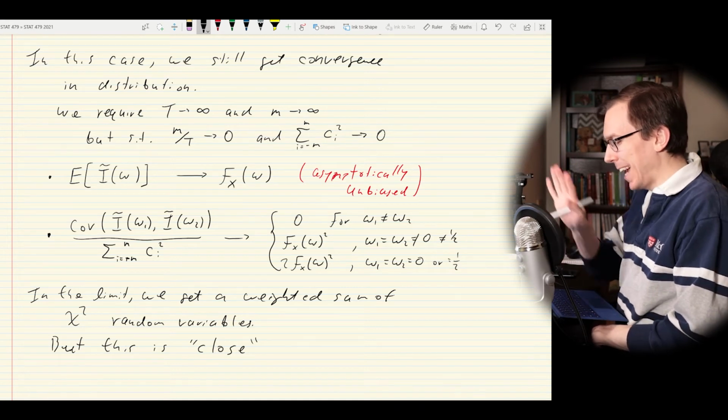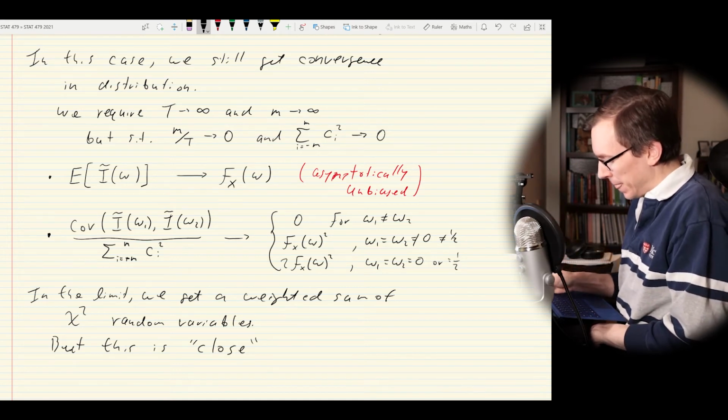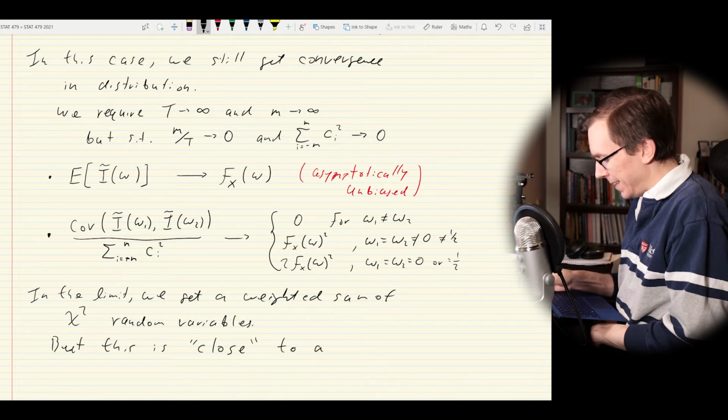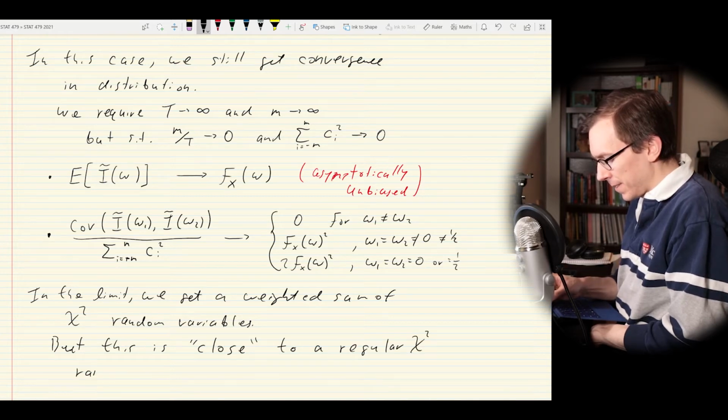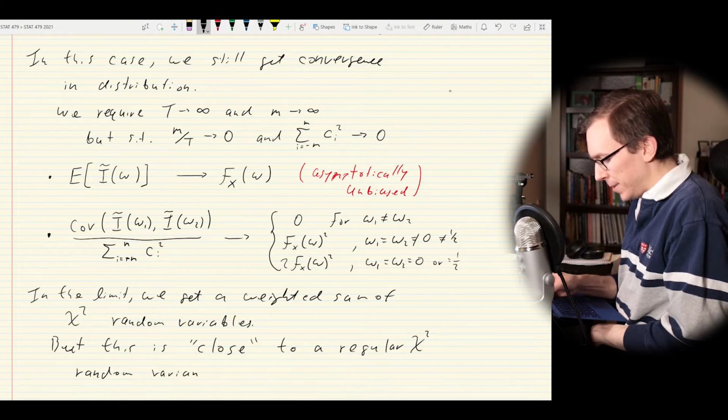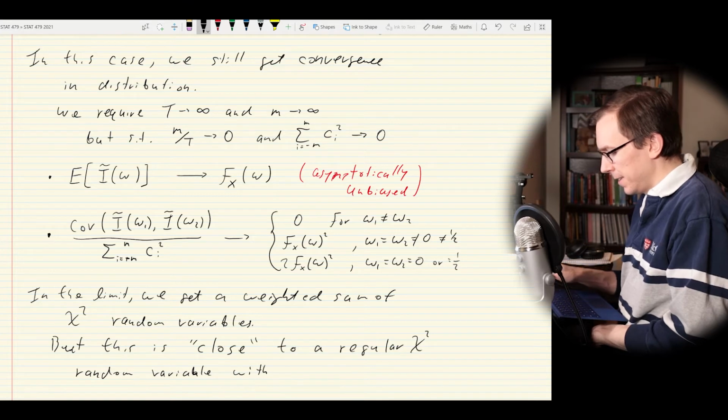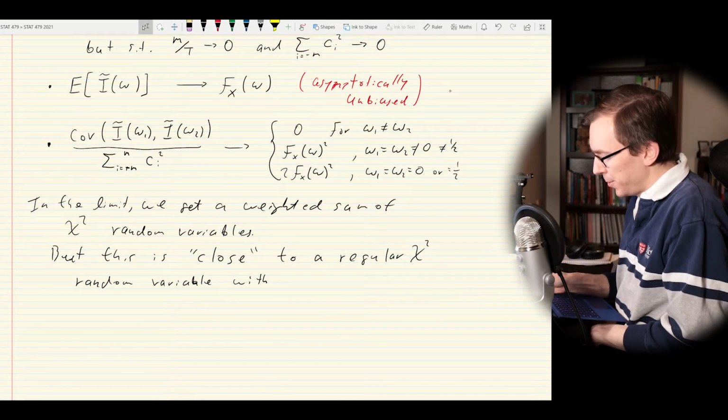This is more of just a hand-wavy statement, to a not weighted, regular chi-squared random variable with, we're going to say, 2L degrees of freedom.